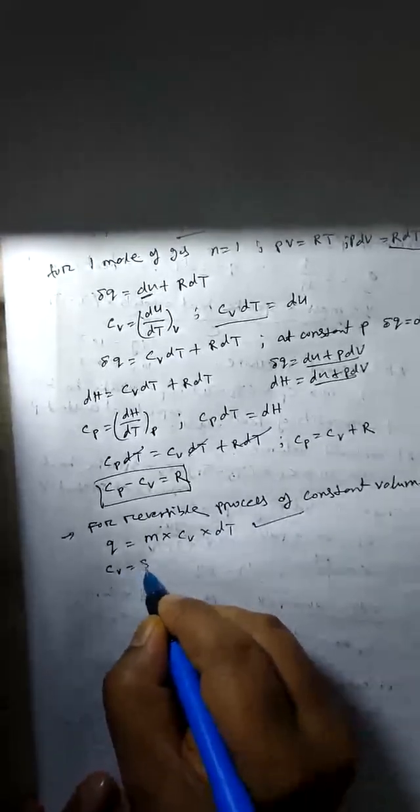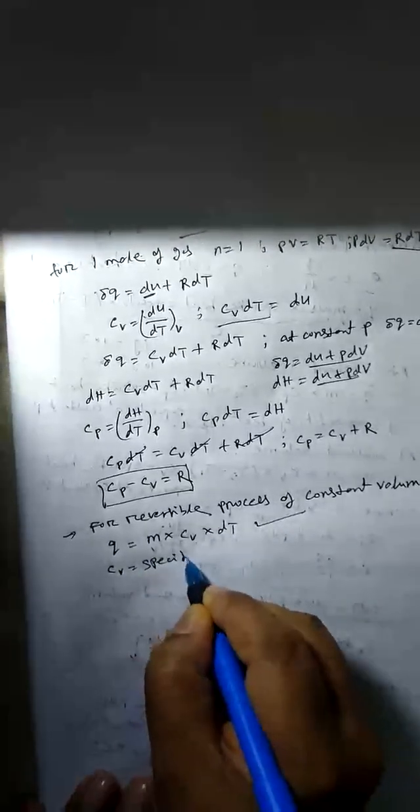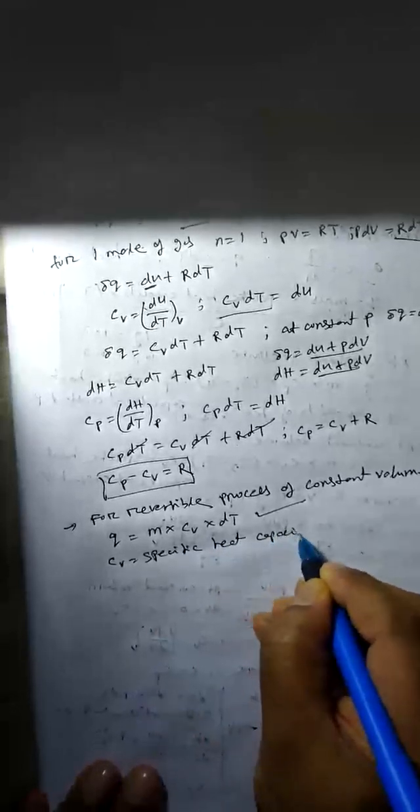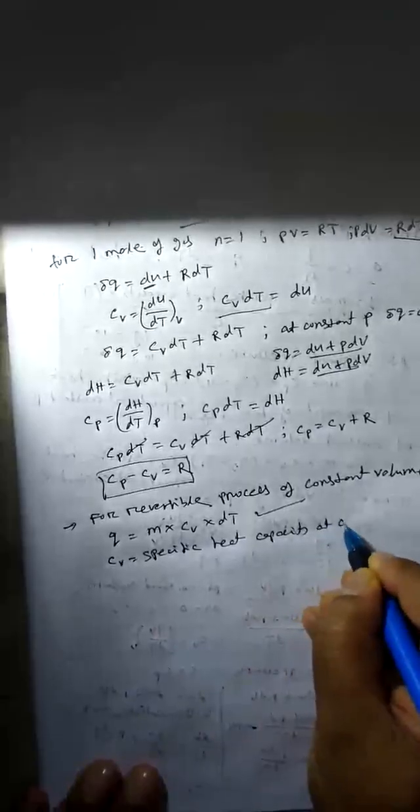This is for a reversible process, and Cv is the specific heat capacity at constant volume.